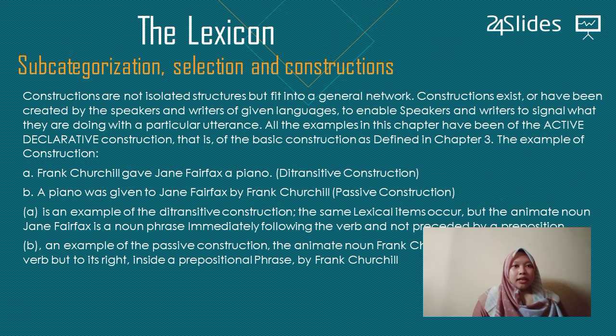The same lexical items occur, but the animate noun Jane Fairfax is a noun phrase immediately following the verb and not preceded by a preposition. And B is an example of the passive construction. The animate noun Frank Churchill is not to the left of the verb, but to the right, inside a prepositional phrase, by Frank Churchill.